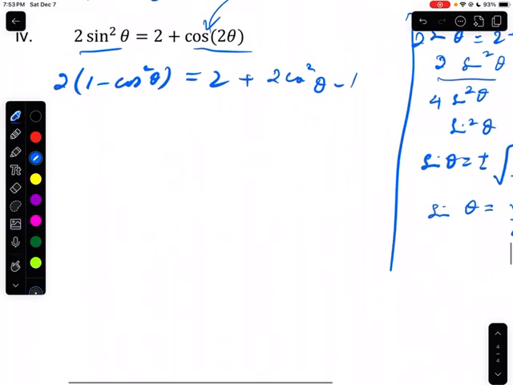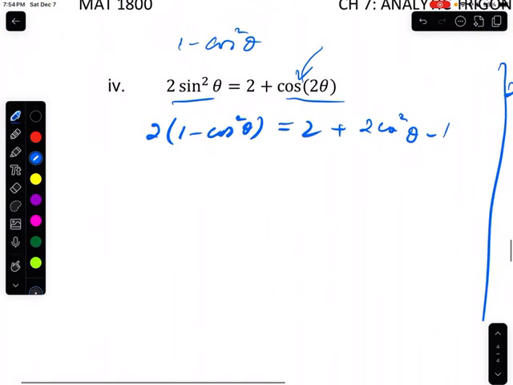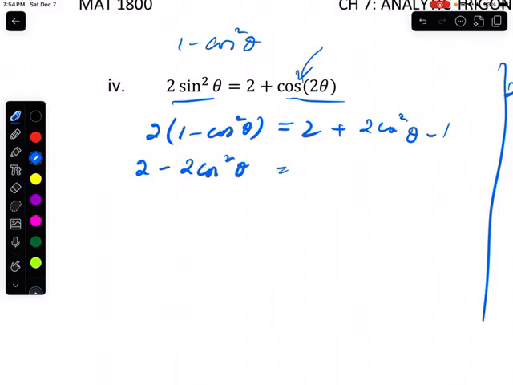So if we were doing it this way, now distribute this 2. So we get 2 minus 2 cosine square theta equals 2. Actually, 2 minus 1 here. So I can write it as 1 plus 2 cosine square theta.